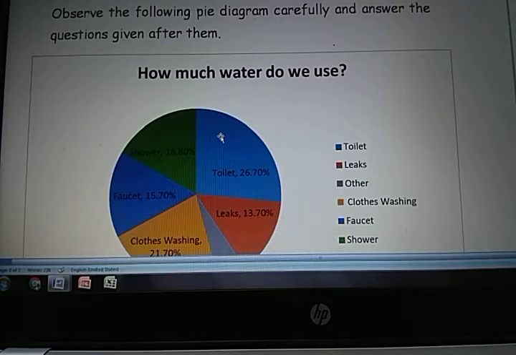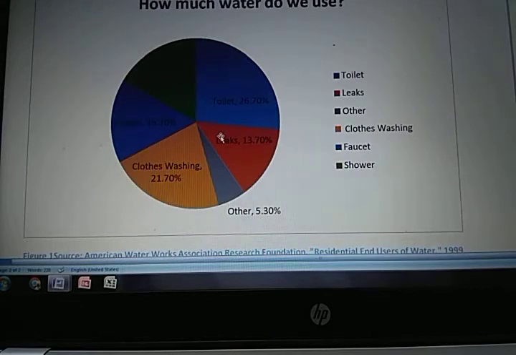How much water do we use? Do not read the questions first. Read the information that is given. We use water for toilet 26.7%. Leakages, 13.7% of water would leak, and for others we use 5.3%. For washing clothes we use 21.7%.